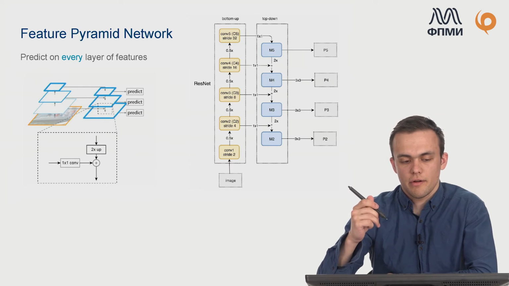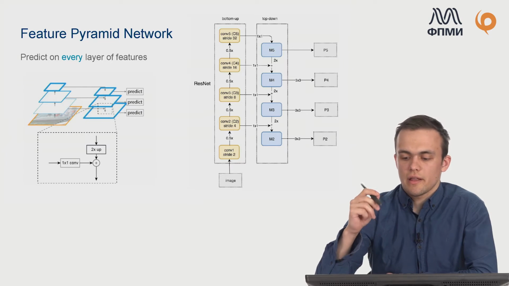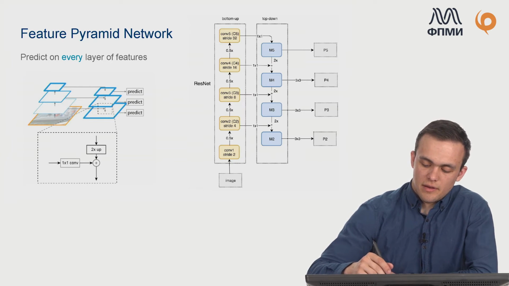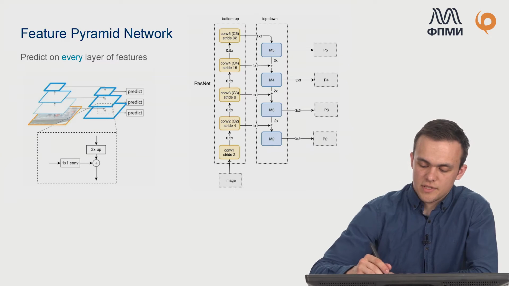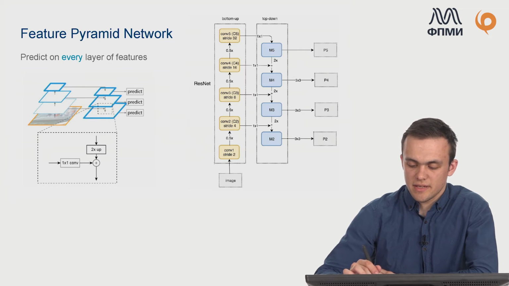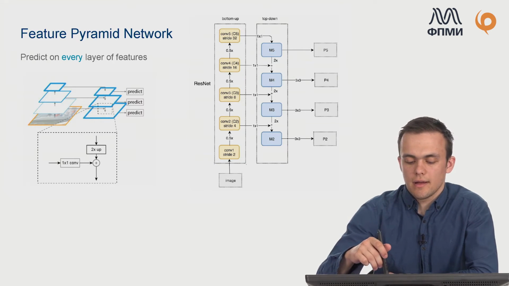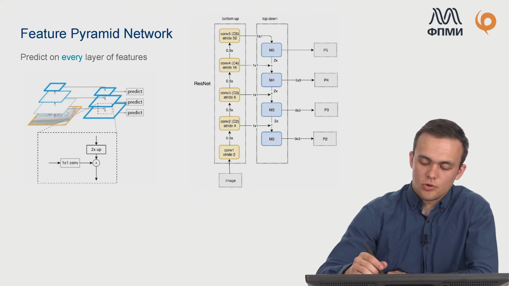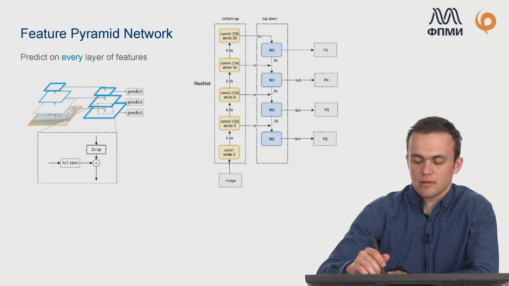And there is another trick. Here we have just a basic network, for example ResNet, and you obtain features on several layers.